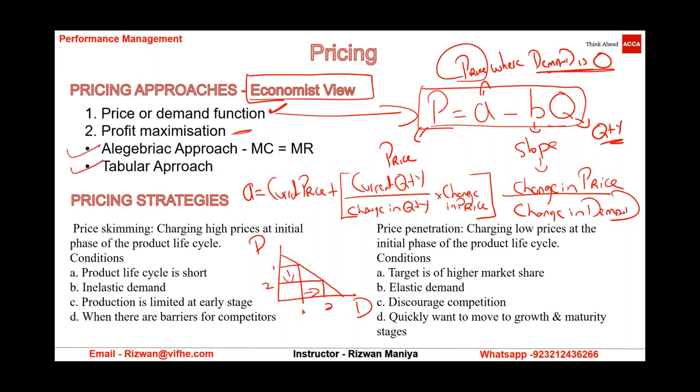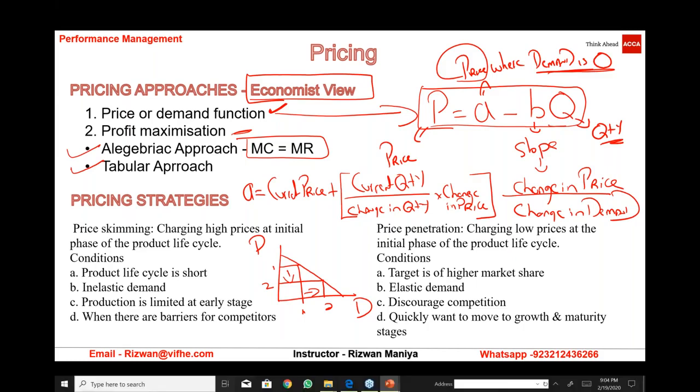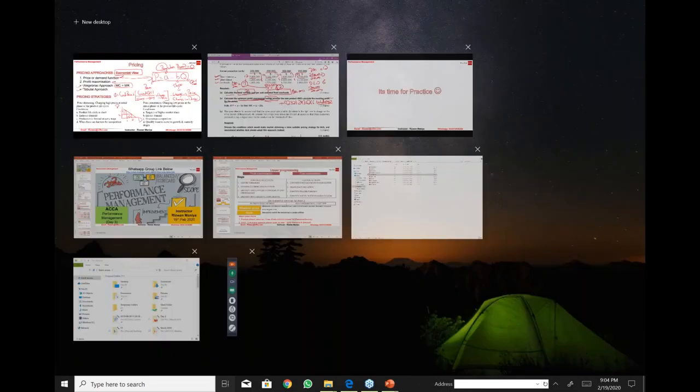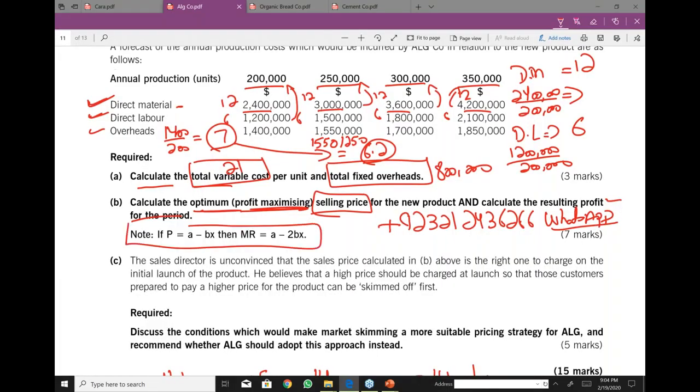So how will you find which approach you have to follow right now? The approach that you have to follow right now is algebraic, because it says MC is equal to MR. MC is marginal cost and MR is marginal revenue. So let's use the MC equals MR approach here. And I'm finding this because in the question it is written to follow this MR and MC approach.